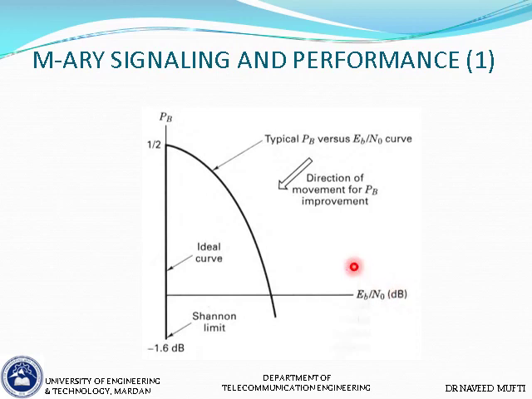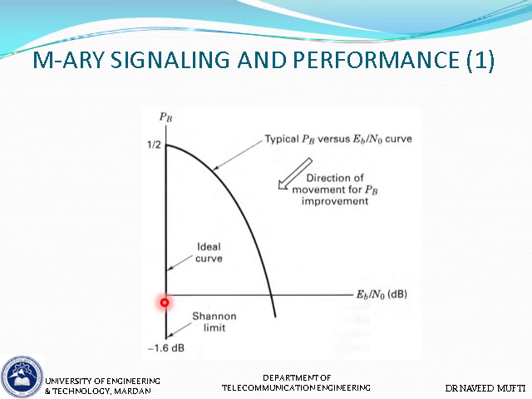But what should an ideal PB versus Eb/N0 curve look like? This figure also shows you the ideal characteristic, which is based on the Shannon limit, and this limit represents the threshold Eb/N0 below which reliable communication cannot be maintained. We've discussed Shannon already.